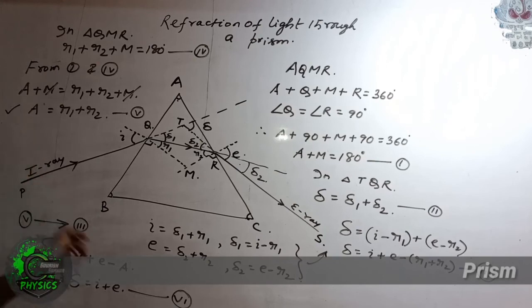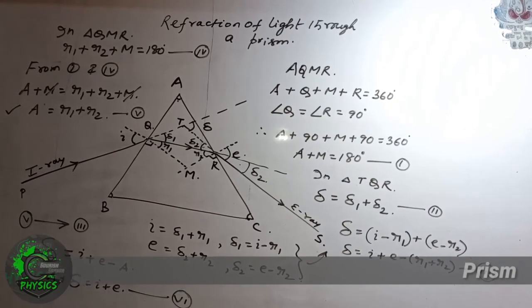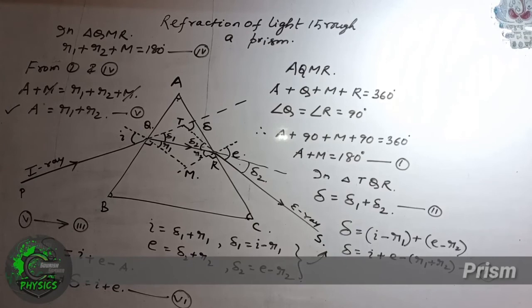Now on the basis of this calculation, we can understand the different factors on which the deviation produced by the prism depends. The angle of deviation produced by the prism depends on various factors, and these factors are: first, angle of incidence.